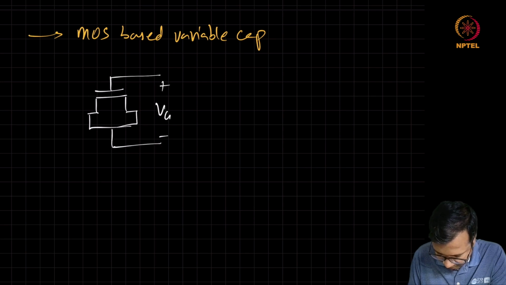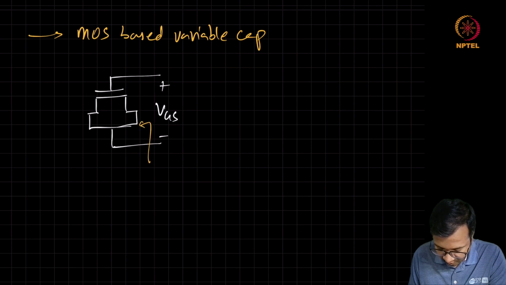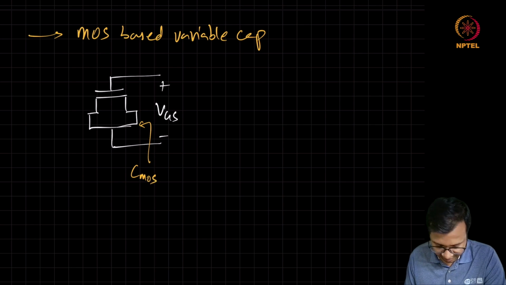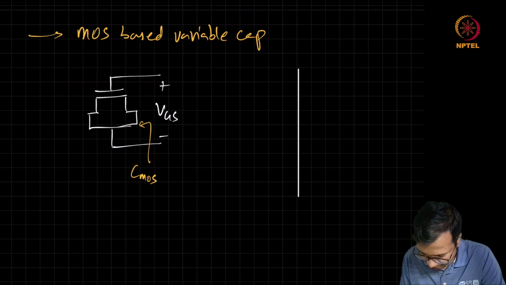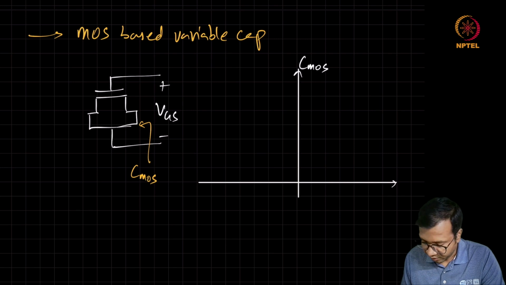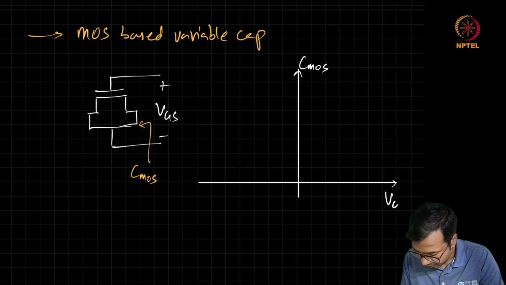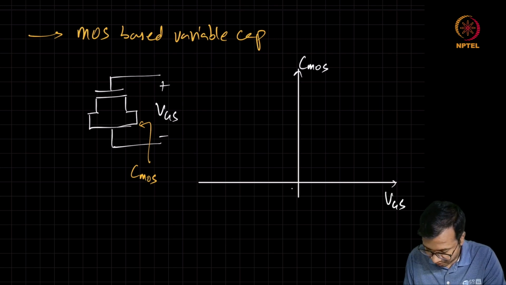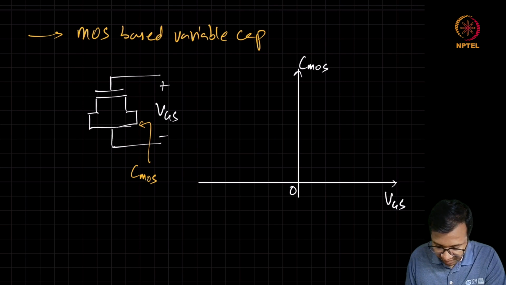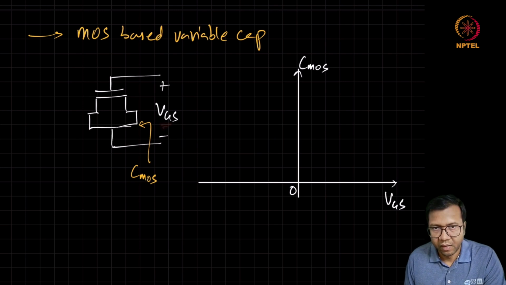This is the VGS, and let us try to find the capacitance CMOS. Then we know that the capacitance of this MOSFET will be a function of VGS, and when the VGS is high, then the MOSFET, in this case this NMOS, is going to have an inverted channel.